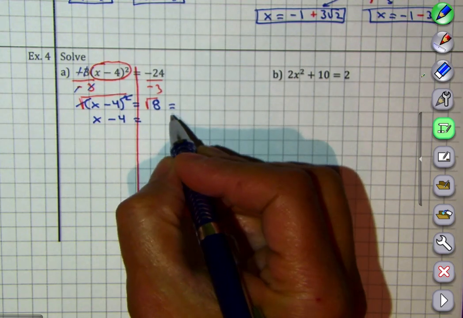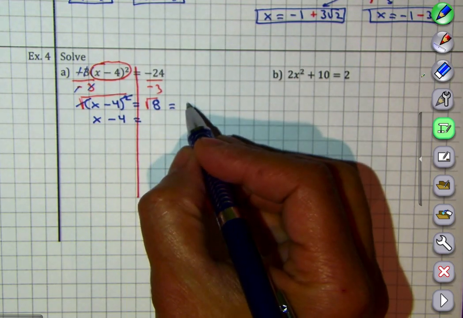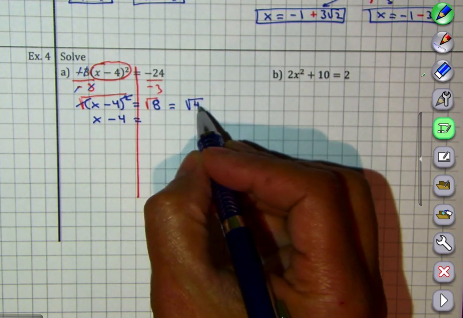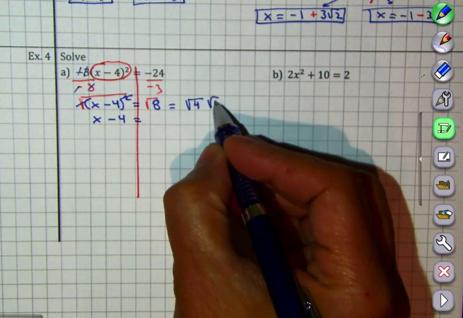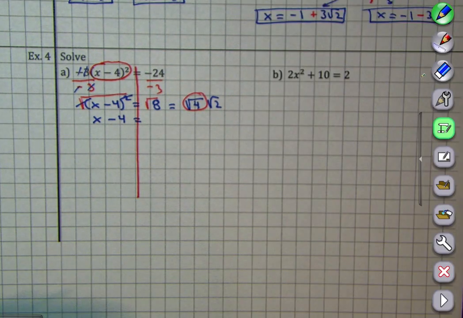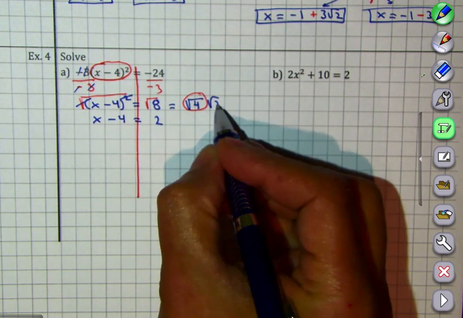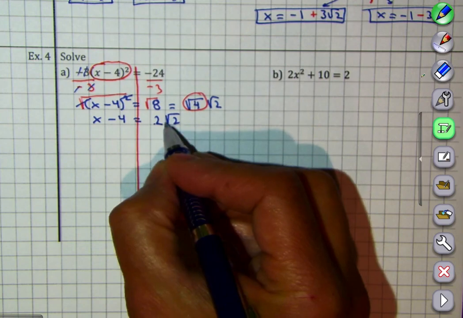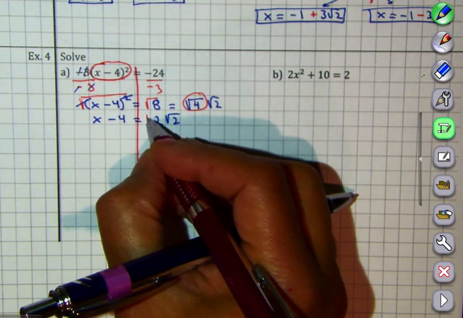Which perfect square divides 8? Correct. Square root of 4. And remember, you have to place your square root first times the square root of 2. The square root of 4 is 2. And my square root of 2 is still there. And let me not forget my plus or minus.